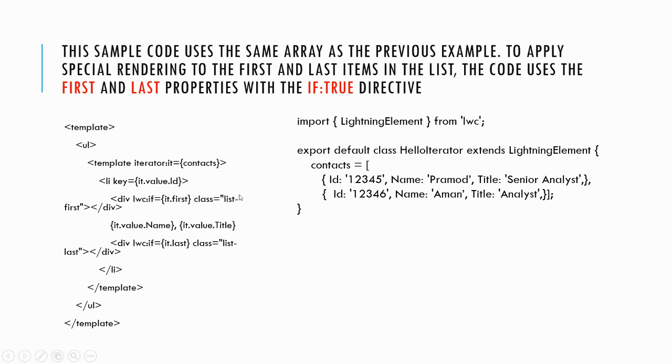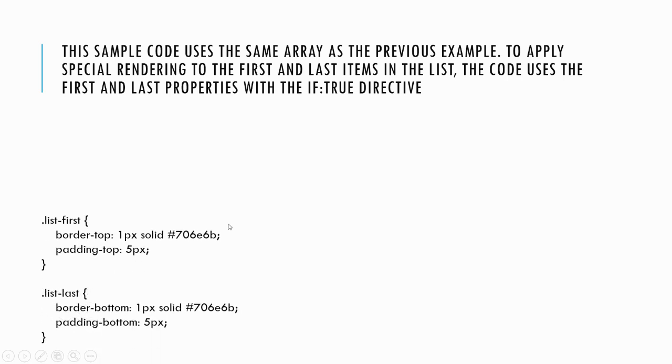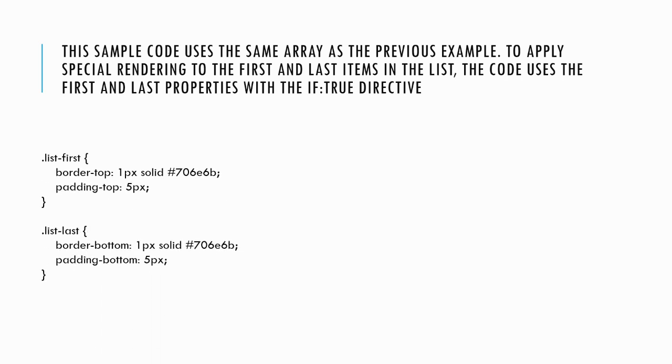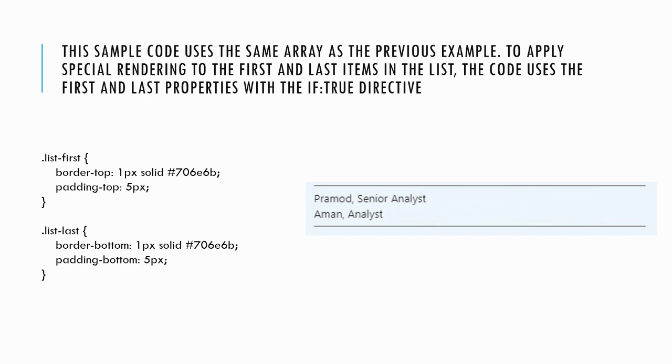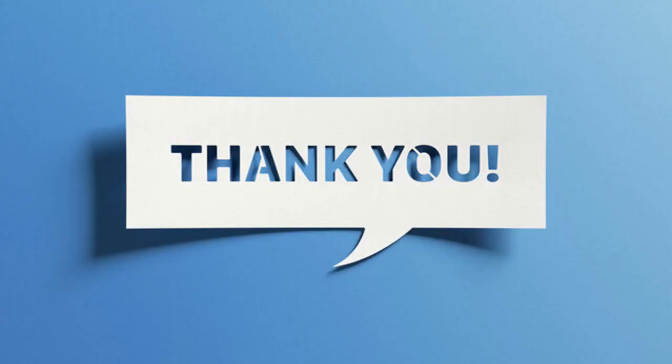It is doing nothing else, it is basically drawing a line so that we can apply some styling. Then we are iterating over that array with the help of value.id, and we are showing the values it.value.name and it.value.title. This is the CSS file, where we are simply adding one line, and this is how the example will look.